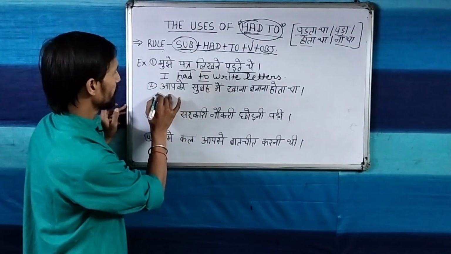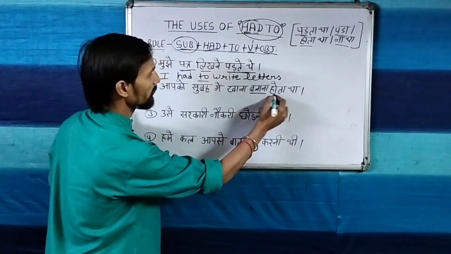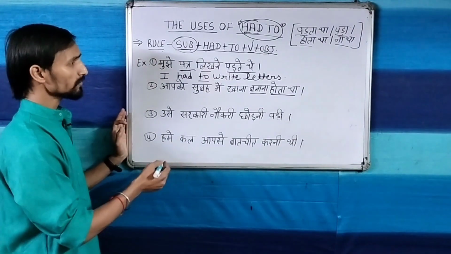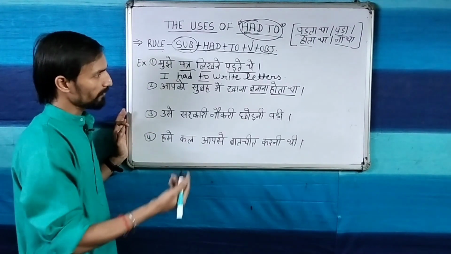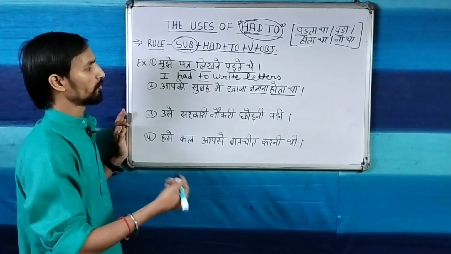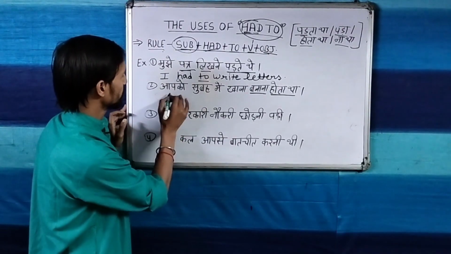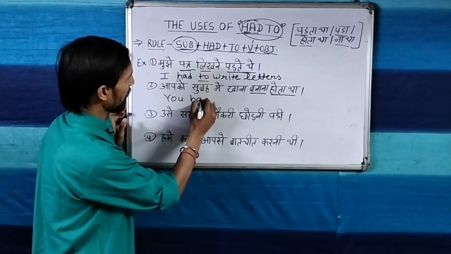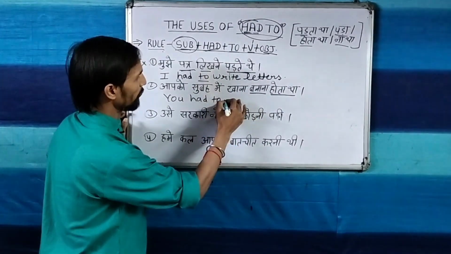Now see the second sentence: आपको सुबह में खाना बनाना होता था. So बनाना is the verb, and at the end the words होता था are coming. This sentence is showing compulsion, that we were helpless to do it, like to cook the food. So let's make this sentence. First take the subject: subject is you, with you had, after had to, बनाना: make, or cook also.